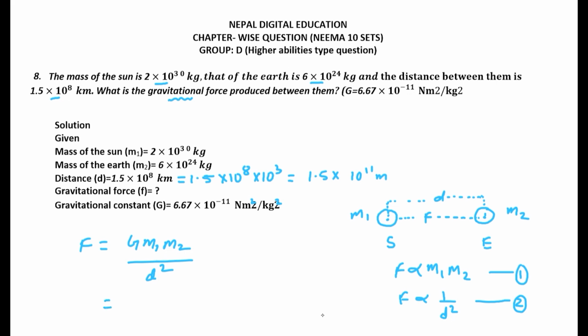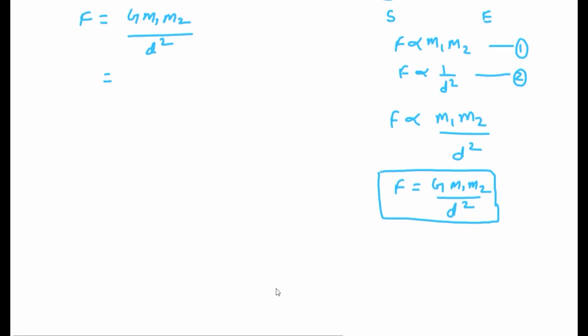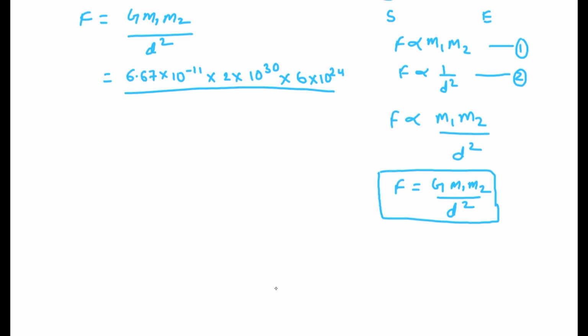The value of G is 6.67 into 10 to the power minus 11, and mass m1 is given as 2 into 10 to the power 30, and m2 is given as 6 into 10 to the power 24, divided by the distance 1.5 into 10 to the power 11, whole square.